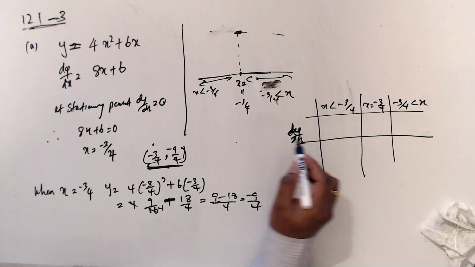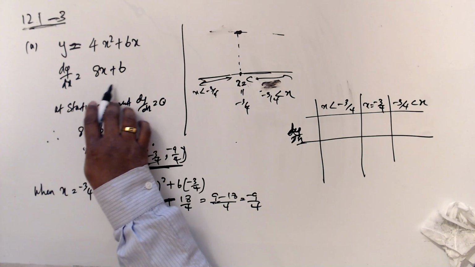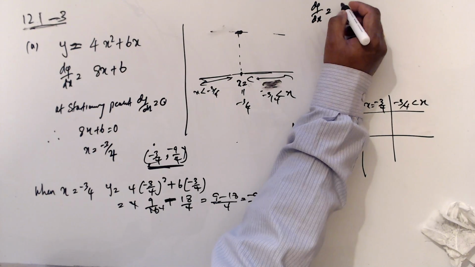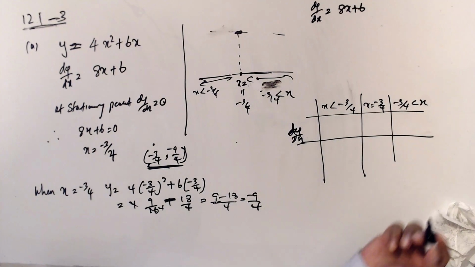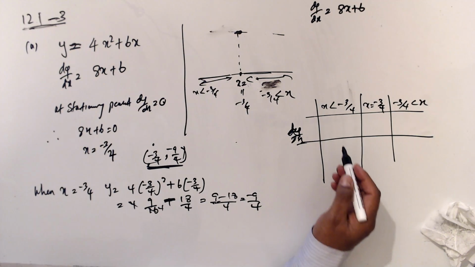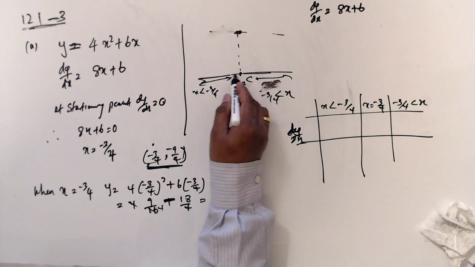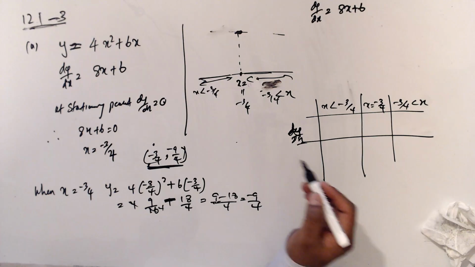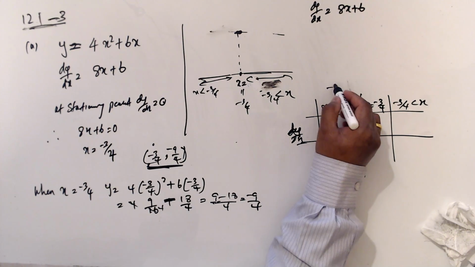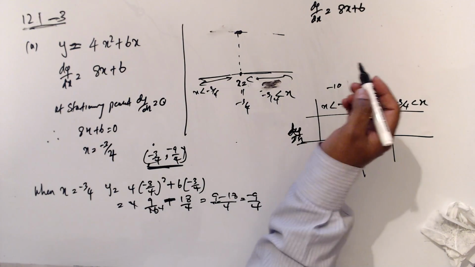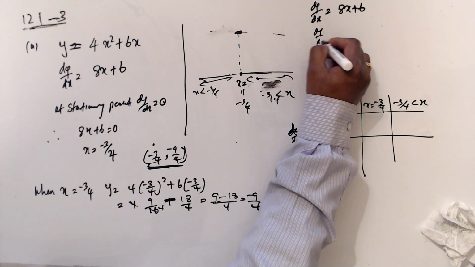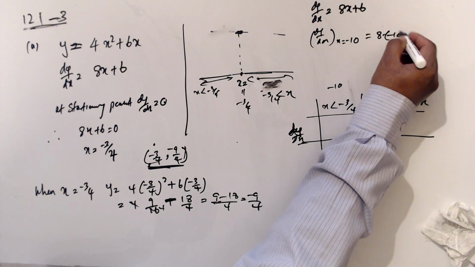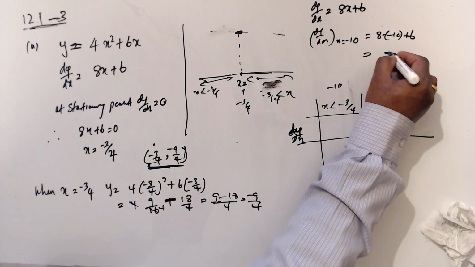dy by dx value. So what is dy by dx? 8x plus 6. Now I want to find in this area less than minus 3 over 4. Can you tell me any number less than minus 3 over 4? Okay, minus 10 is less than minus 3 over 4. So dy by dx at x equals minus 10: 8 times minus 10 plus 6, this value is negative.